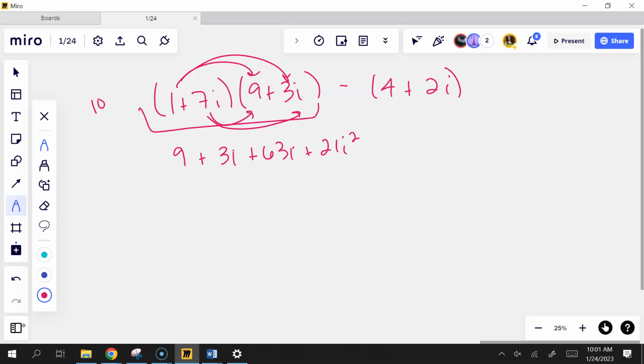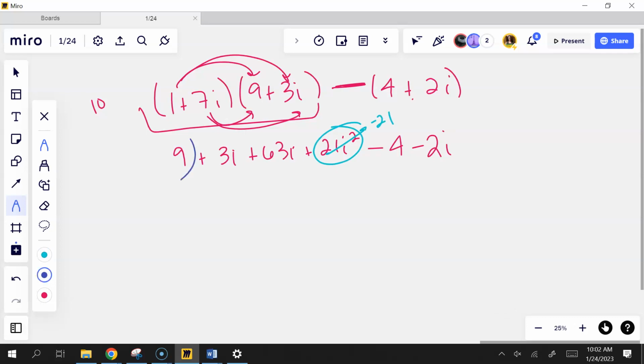Now, be careful because I'm subtracting all of these, which means I'm doing minus 4 minus 2i. What does this become? Negative 21. Now get everybody together that goes together.